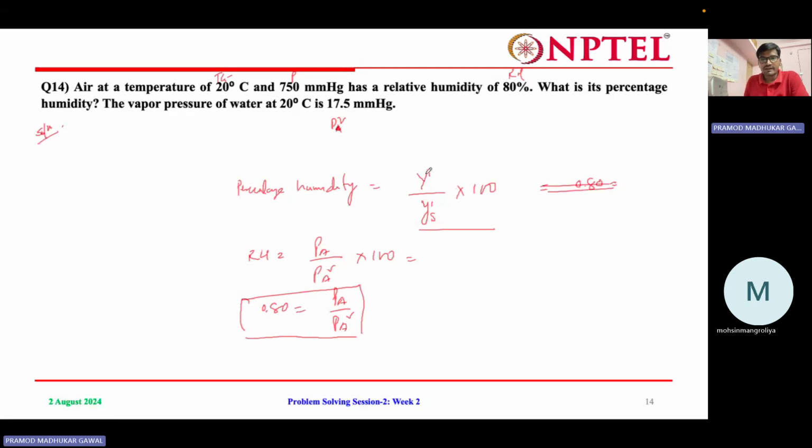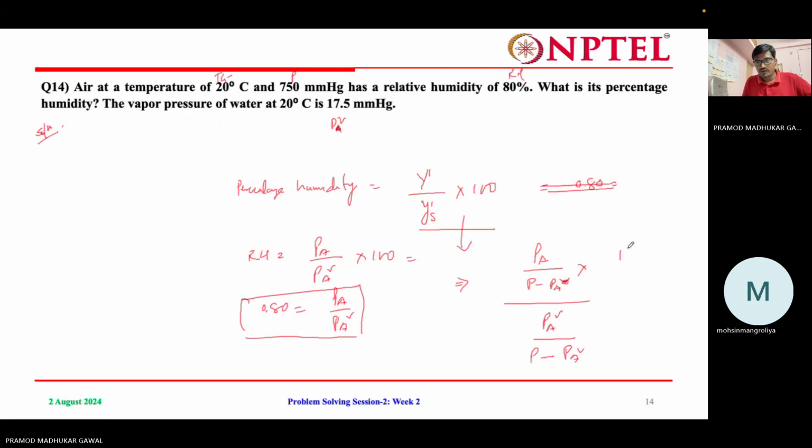So we can write down in terms of the partial pressure and vapor pressures of these ones. Partial pressure divided by P, sorry, vapor pressure of PA divided by total pressure minus vapor pressure of PA, right?